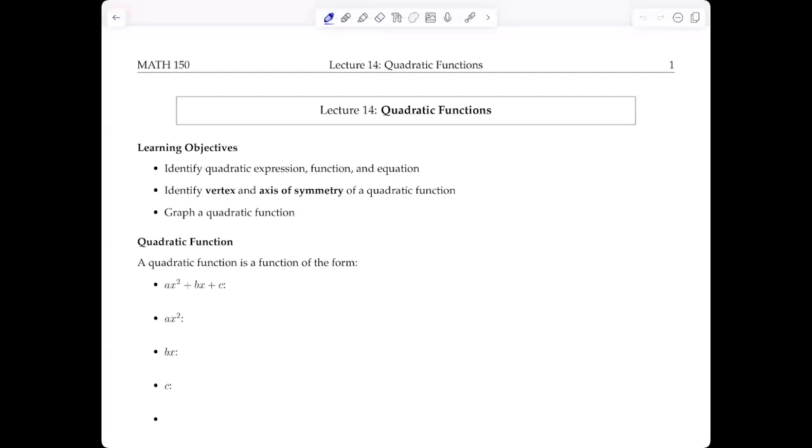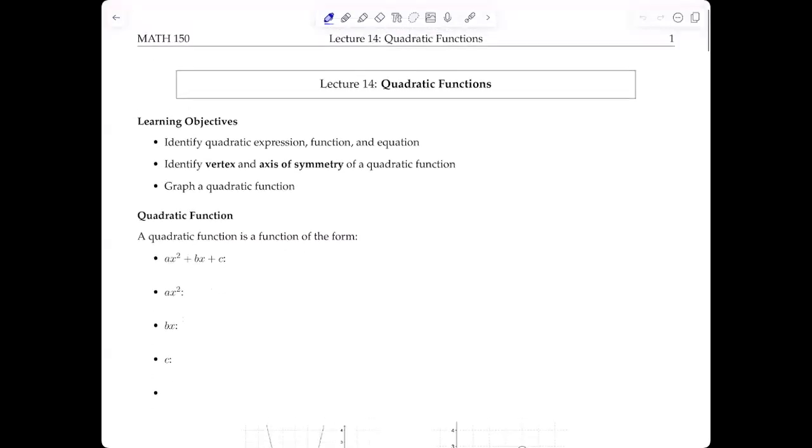All right, so quadratic functions. A quadratic function is of the form f of x equals ax squared plus bx plus c. I want to impose one condition, that a has to be different from 0.